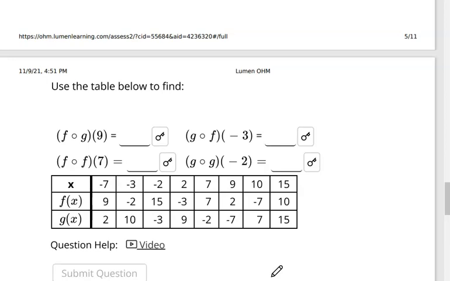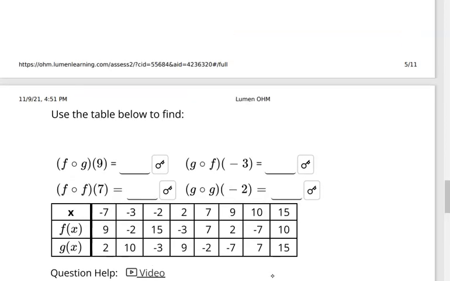Multiple combos, but this time it's just from a table. So remember, this is the same as f of g of 9. So g of 9, here's the 9, I get negative 7 out. So that's equal to f of negative 7 equals, here's my negative 7 in, I get a 9 out.